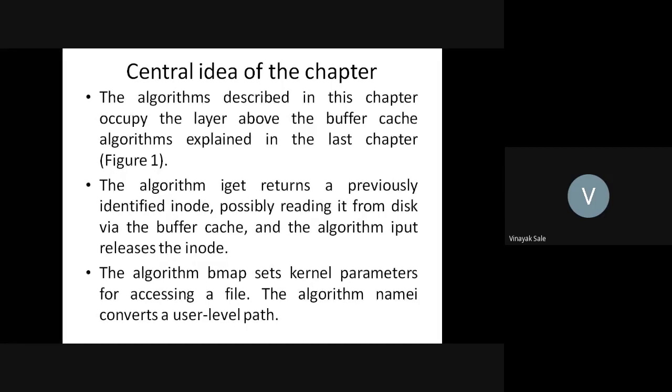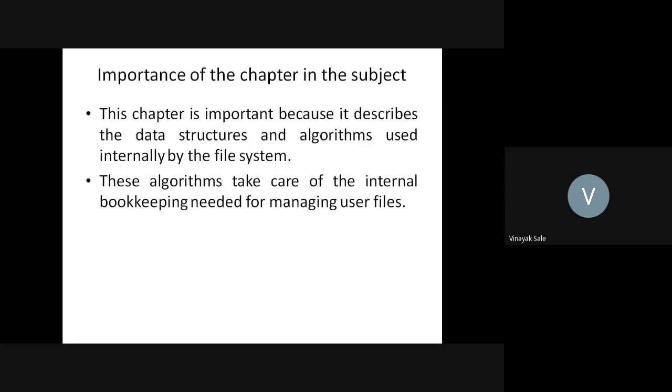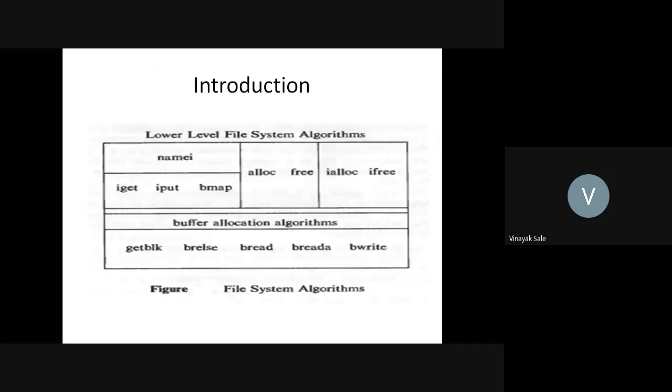See Figure 1 carefully. This is Figure 1, the introduction of the file system and the allocation of different algorithms. We have studied different algorithms in previous chapters, such as the getblk algorithm, that is, allocation of a buffer or block to a particular process with five different scenarios.